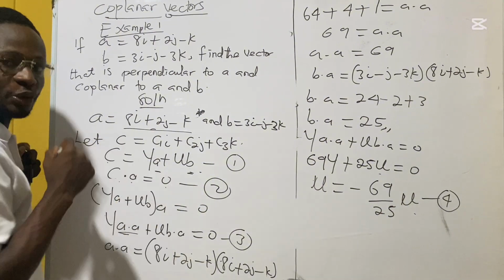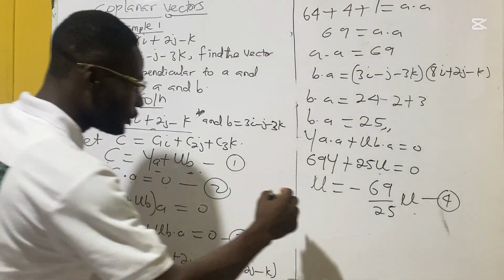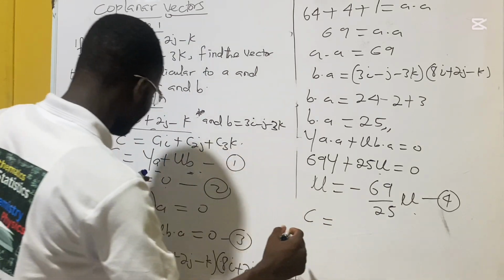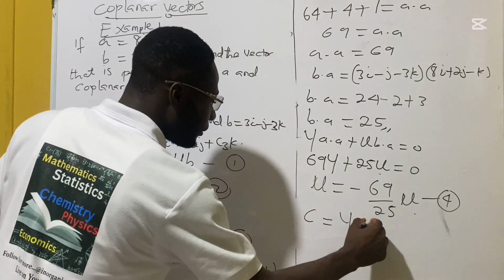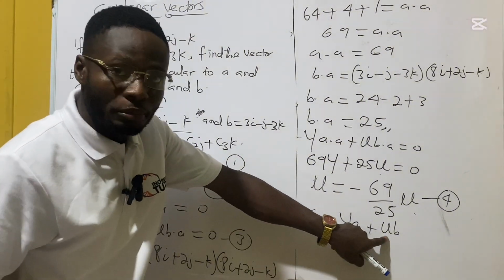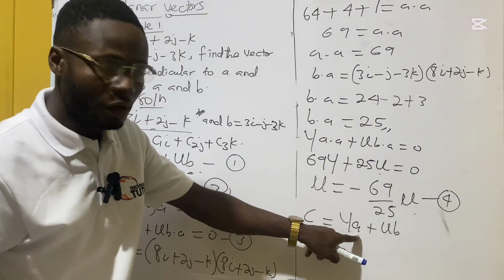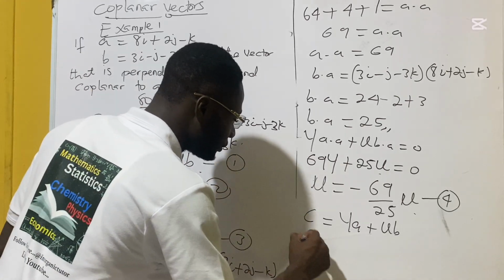Let's do that substitution quickly. We have C equals gamma A plus mu B. Now we have gamma over here, and we know B, we know A.